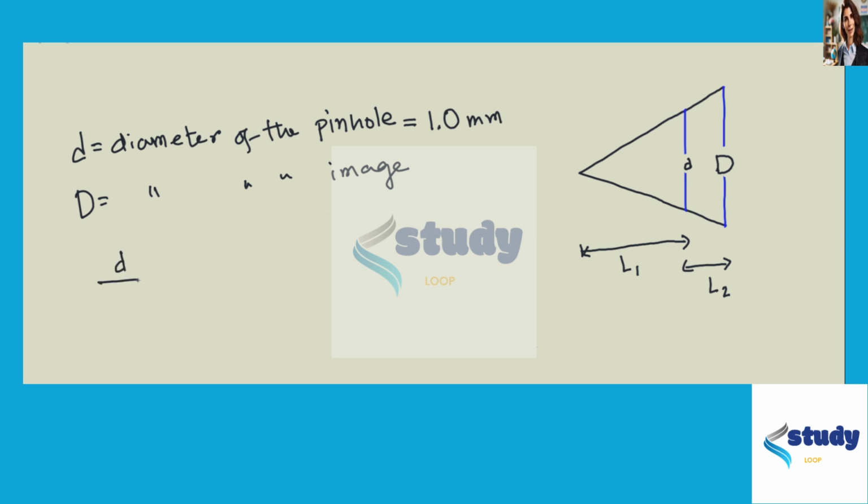It's going to be small d over L1, which is equal to big D over this whole distance, which is L1 plus L2. From here we solve for big D. Big D is going to be small d times L1 plus L2, divided by L1.